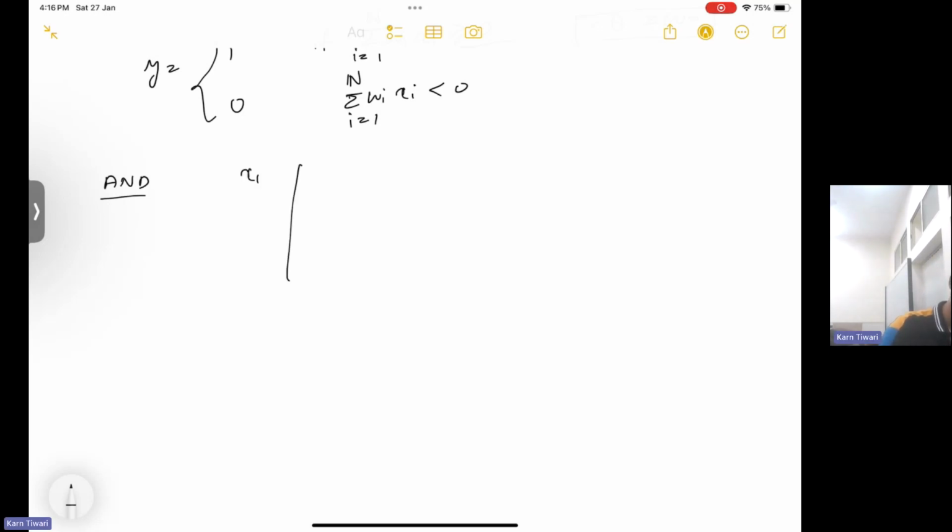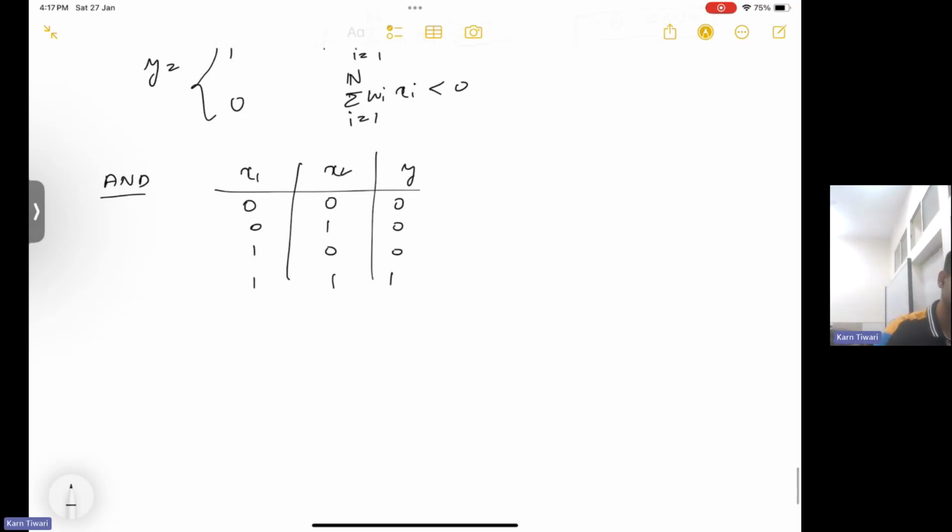We have two inputs, x1, x2, and we have an output. The inputs can be 0, 0, 0, 1, 1, 0, 1, 1. If both are false, output is false. If one of them is false, output is false. If both of them are true, then output is true.